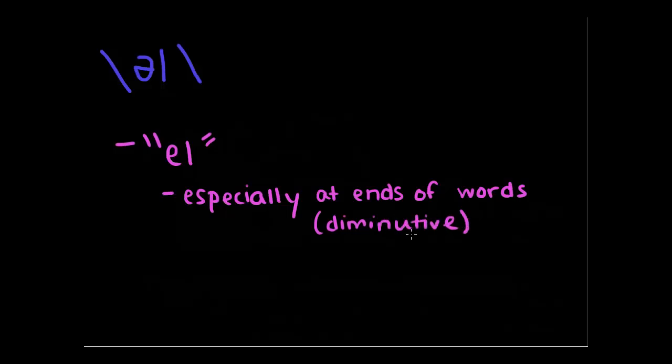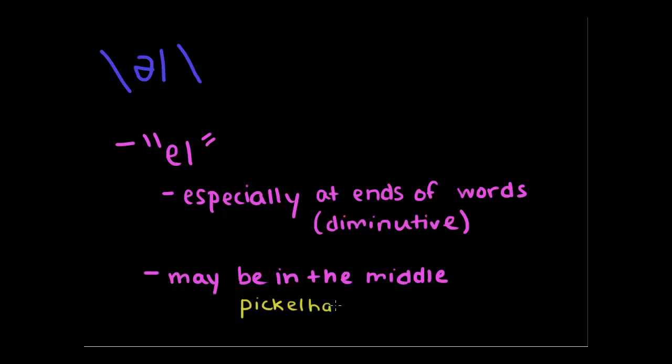Also, we can see it in the middle, but yeah, EL is very, very common for the ul sound, and some examples will show us that this is true. The first one is Pickelhaube, where it's in the middle, Pickelhaube, okay, EL there for the ul.